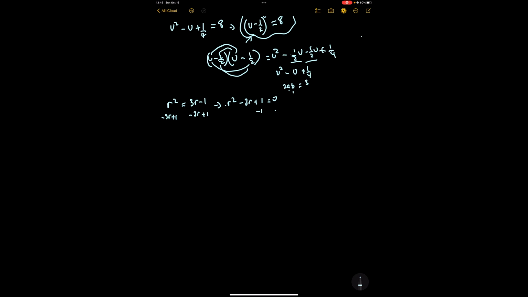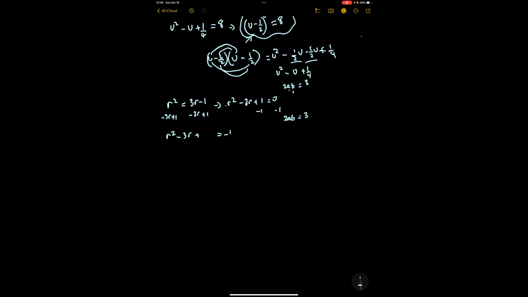So we're going to subtract 1 on both sides. We're going to have r squared minus 3r plus some number equals negative 1. And so what number am I going to add now? Let's say 2ab equals 3, right?